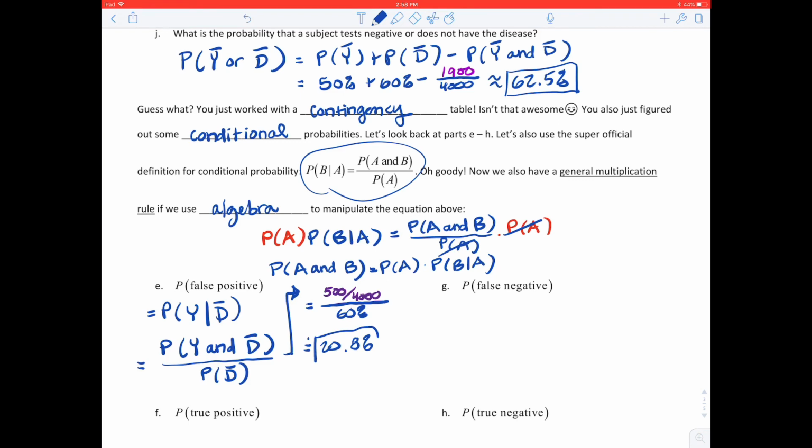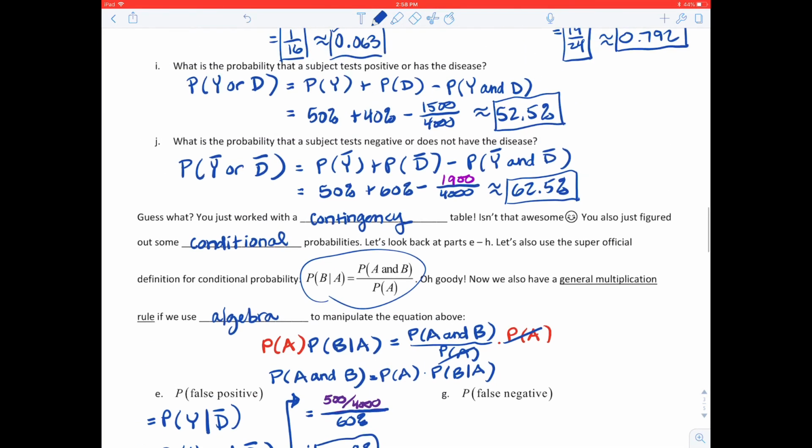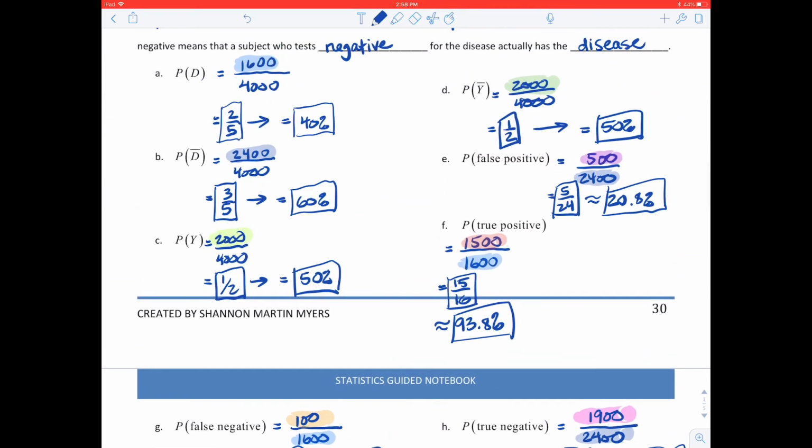Let's look back and see if it matches. Going back to our original E, yay, we got it.